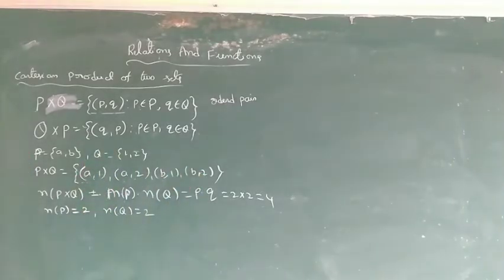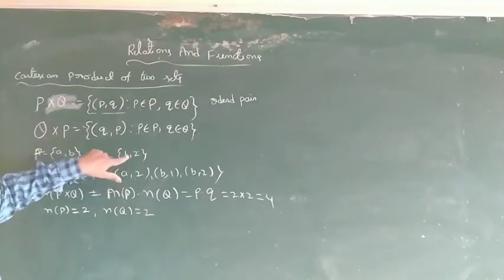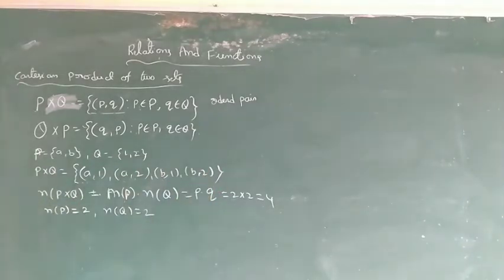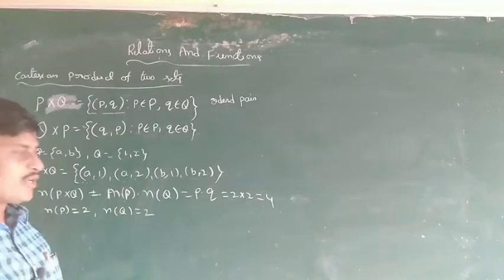The number of elements in the Cartesian product P cross Q is the number of elements in P into the number of elements in Q. So n(P) into n(Q) equals 4. This is the Cartesian product.